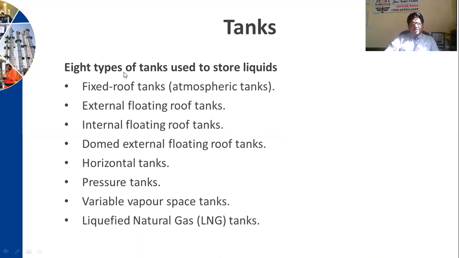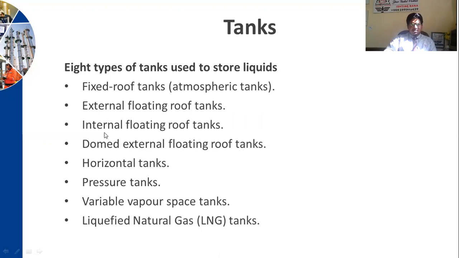We have 8 types of tanks used to store liquid. We have fixed roof tanks, like atmospheric tanks, external floating roof tanks, internal floating roof tanks, or domed external floating roof tanks, or horizontal pressure tanks, or variable vapor space tanks, or liquefied natural gas LNG tanks.